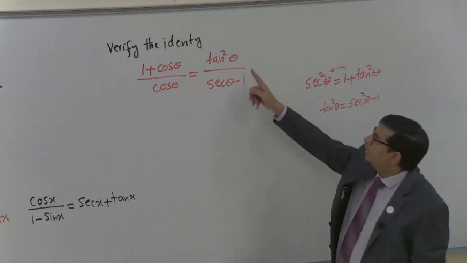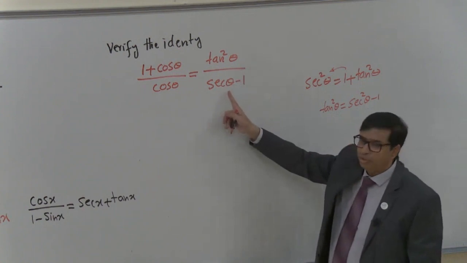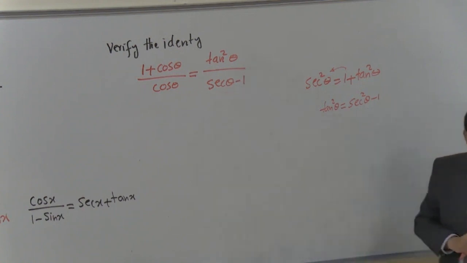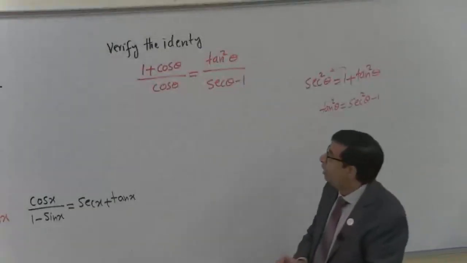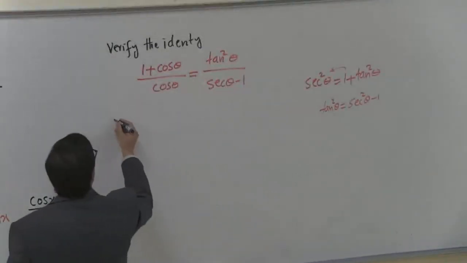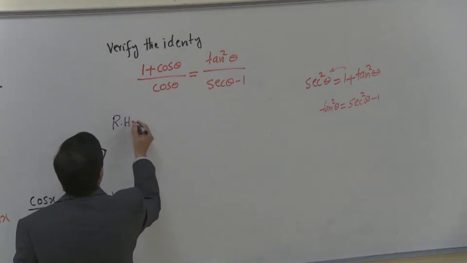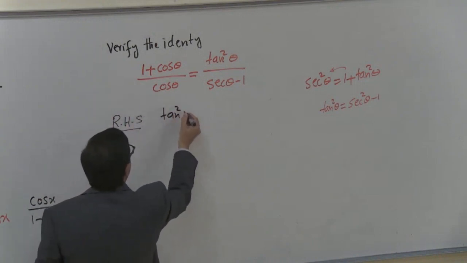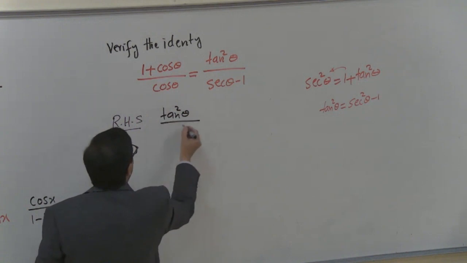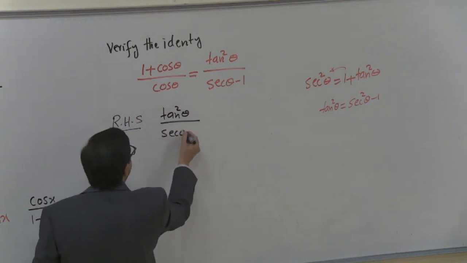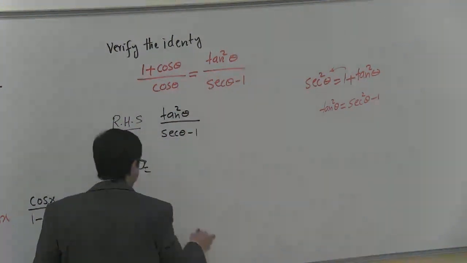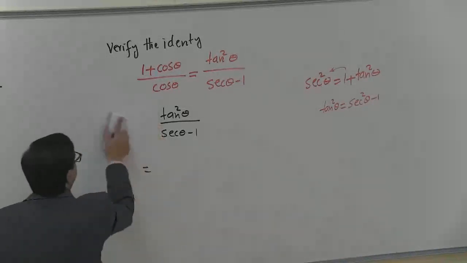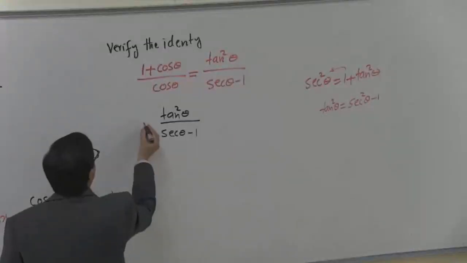So here we have a tangent squared and we have secant in the denominator. So hopefully this method works better. Okay? Now, take right hand side. Right hand side is tangent squared theta over secant theta minus 1. Okay, try it yourself, please.